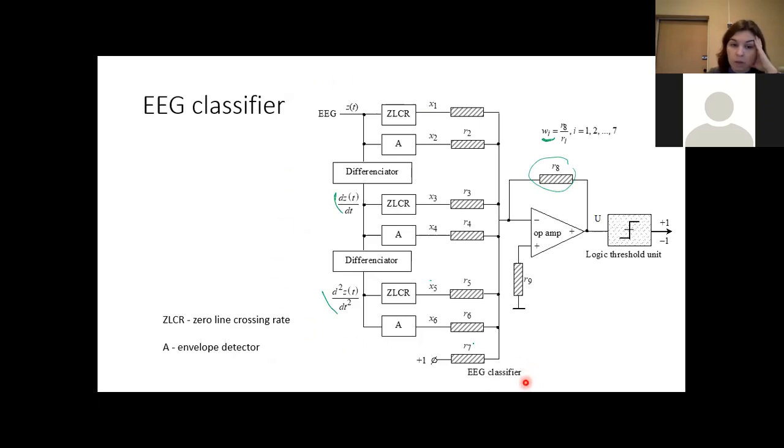Here is an example: you have your input EEG signal, and some differentiator which returns the first derivative. You have a second differentiator which gives you the second derivative of the EEG signal. You have a zero line crossing rate algorithm, and also an envelope detector which calculates the envelope.